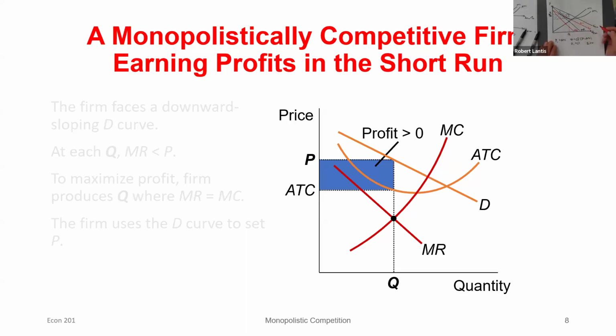But where does marginal cost now equal marginal revenue? At a lower quantity. And when I go up to my new demand curve, that's going to be at a lower price.